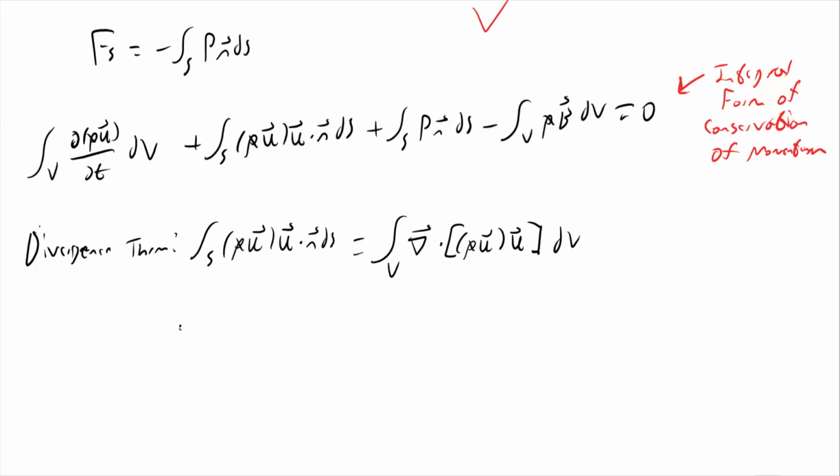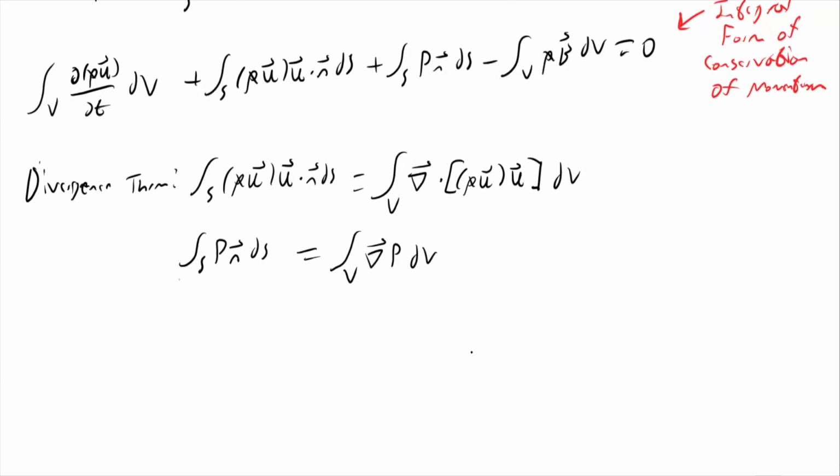And we will also be able to write the surface integral of P n dS as the volume integral of the gradient of P dV. Now, note that this is actually a corollary to the divergence theorem.